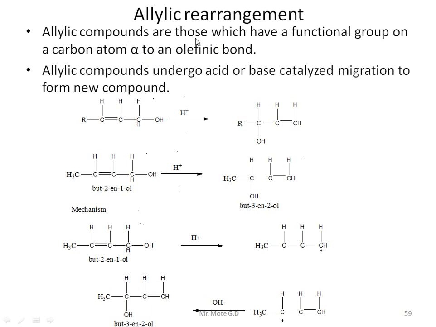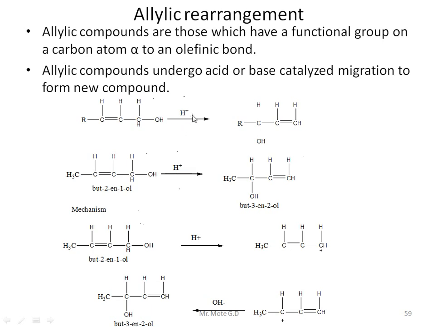So allylic compounds are those compounds which have the functional group alpha to the olefinic bond. An allylic compound undergoes acid or base catalyzed migration to form a new compound. We'll have one example. So this is the allylic compound treated with the acid.